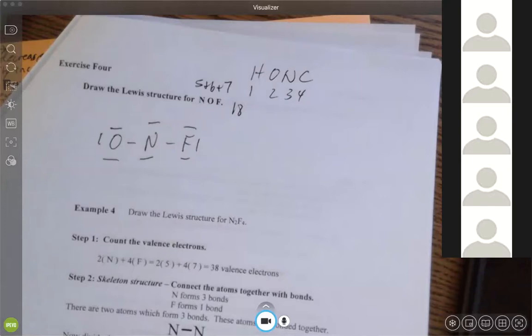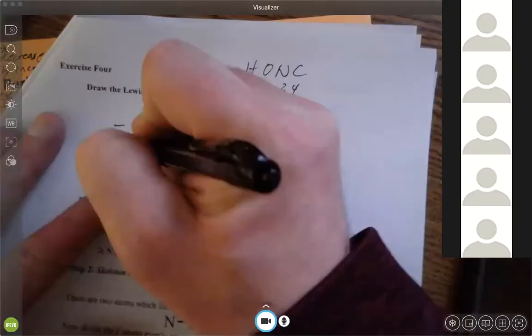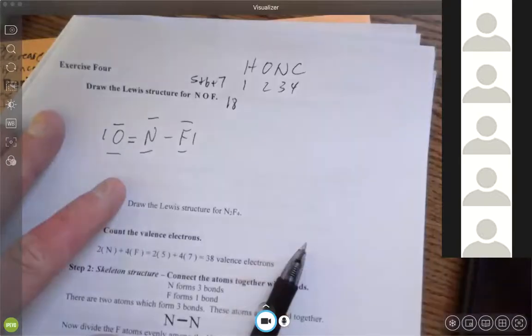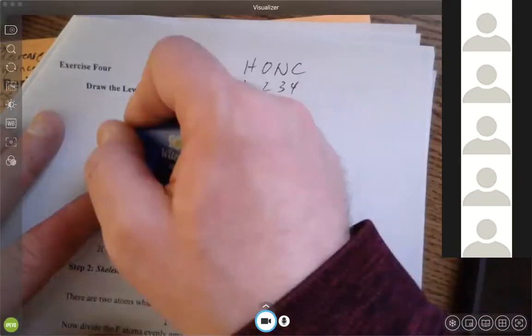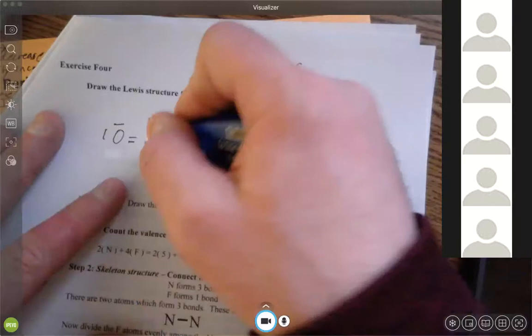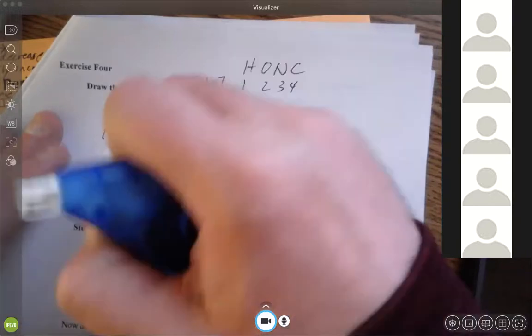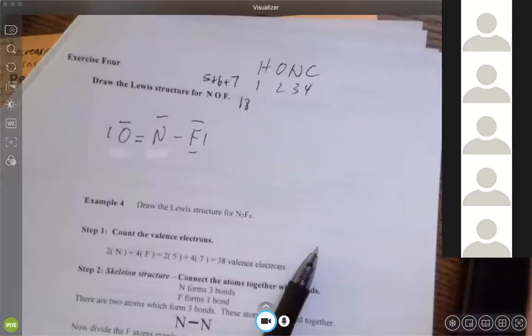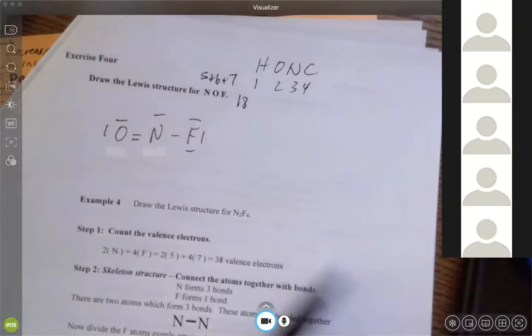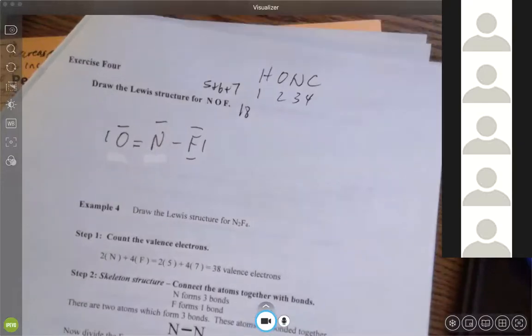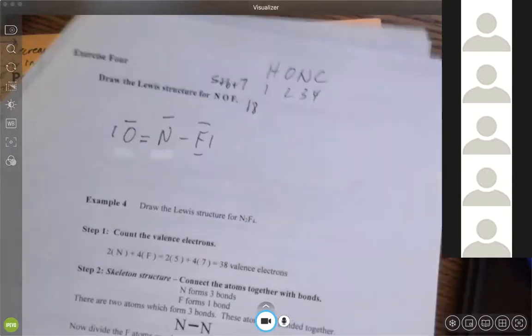Yeah, 2, right? Because oxygen likes 2. We're going between nitrogen and oxygen. Boom. There we have it.